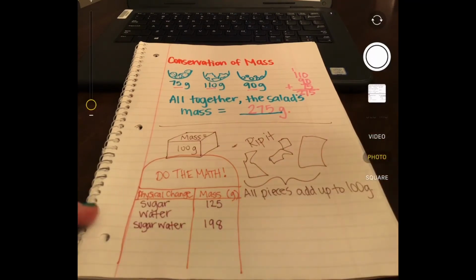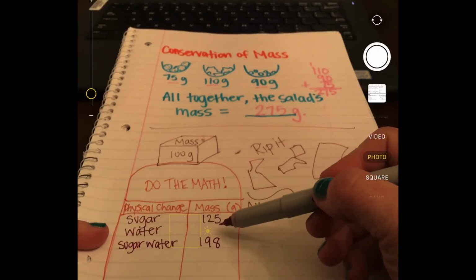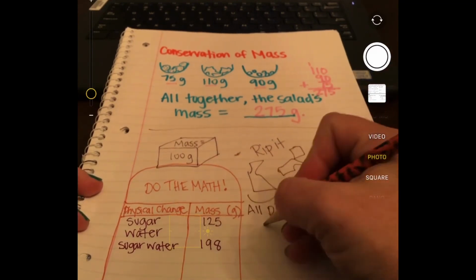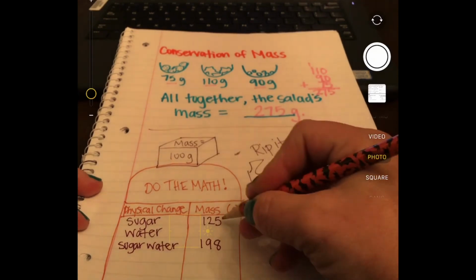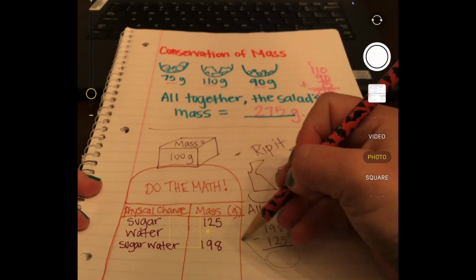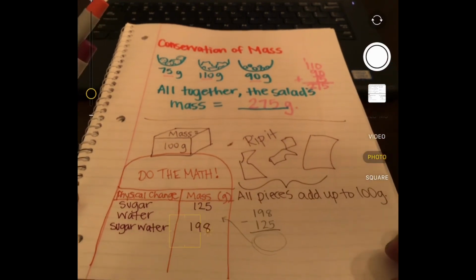How can I find that missing number here? Well, hopefully you're thinking subtraction would be a good way to find the missing number. So you're going to take the total sugar water and you're going to subtract the sugar to find the missing number. So go ahead and push pause and come back and push play when you have that answer.